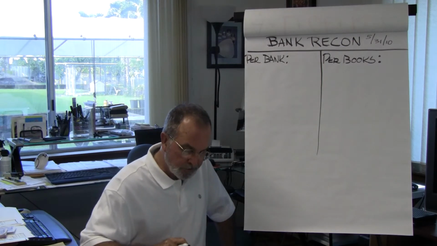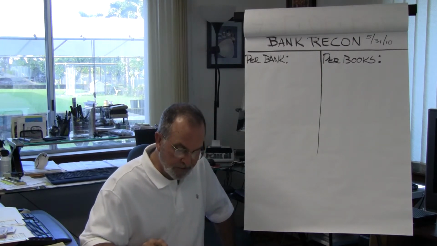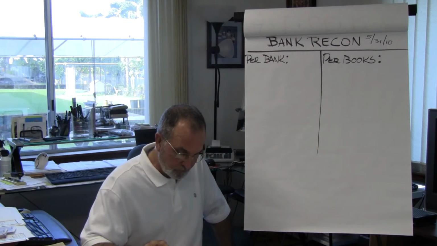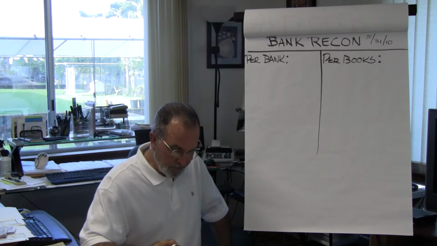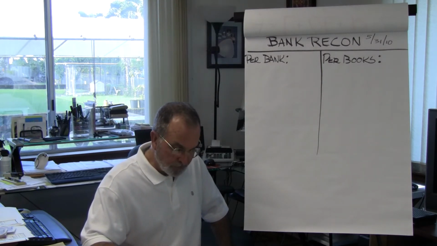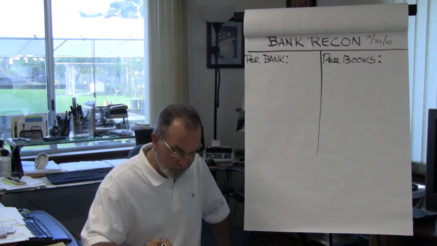No deposits were in transit at the end of April, but a deposit was in transit at the end of May. So they show a T account for cash, and our May 1st balance is $18,800.